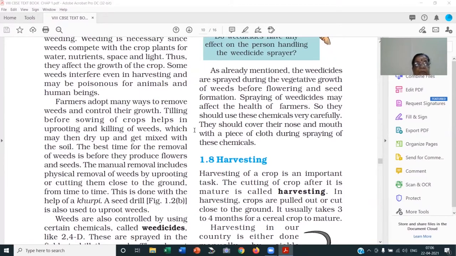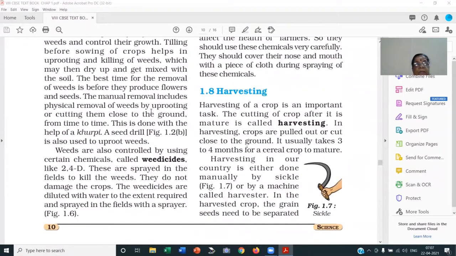The best time for removal of weeds is before they produce flowers and seeds, because once the weed starts reproduction, it is very difficult. So before that it has to be removed. Manual removal includes physical removal of weeds by uprooting or cutting them close to the ground from time to time.